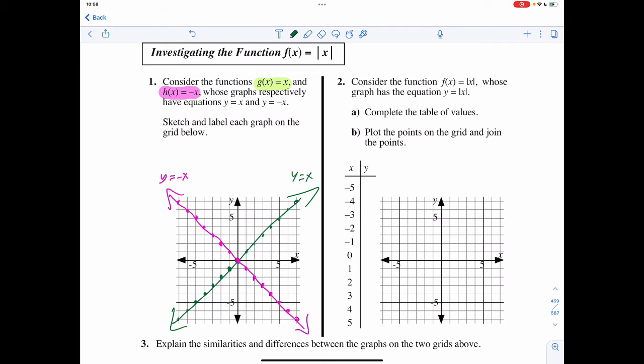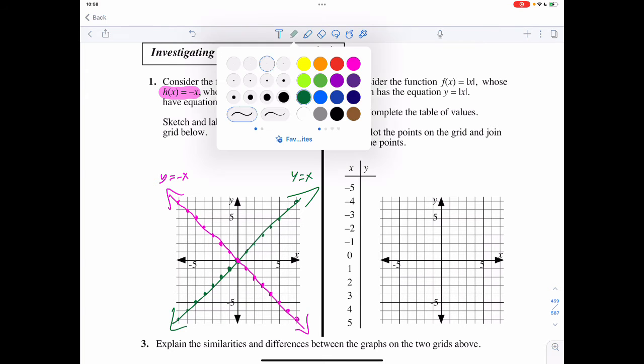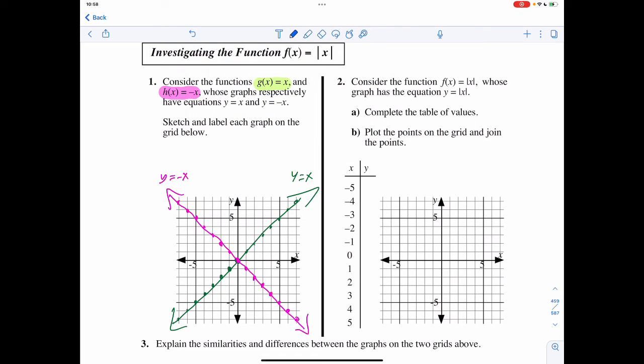Now, if I'm going to graph out where y is equal to the absolute value of x, then when I take the absolute value of the number, I'm just going to solve for what the positive version of that number is. So -5 becomes +5, -4 is +4, -3 is +3, +2, +1, 0, 1, 2, 3, 4, and 5.